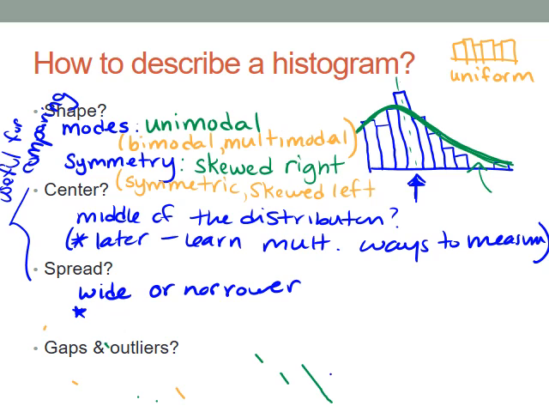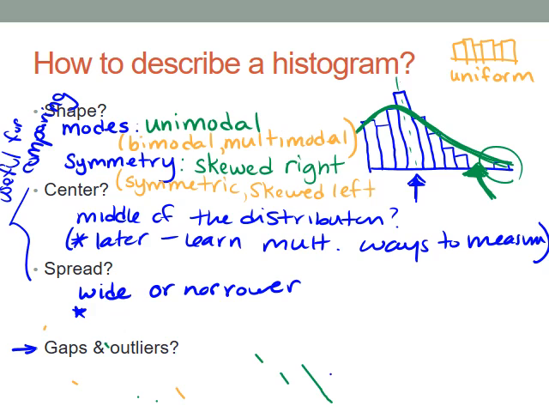And finally, the last one that we want to talk about, which doesn't always exist, but we definitely want to mention if there are any gaps or outliers. So are there any values where I don't have any information? In this case, I have an arrow right there for where our value is. Right here, we have a gap in our data, and then we have a value that shows up after that. So that's kind of odd, right?